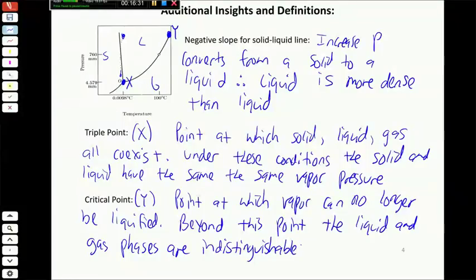Beyond the critical point, which is this top part of the liquid gas line here, the gas and liquid phases are indistinguishable and they exist as a supercritical fluid. Supercritical meaning above the critical point.